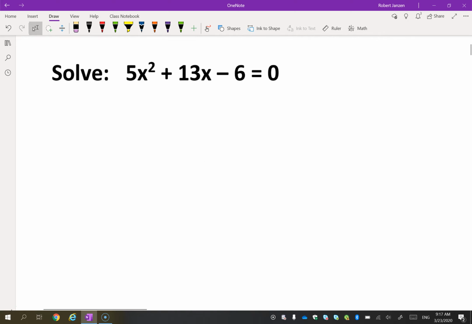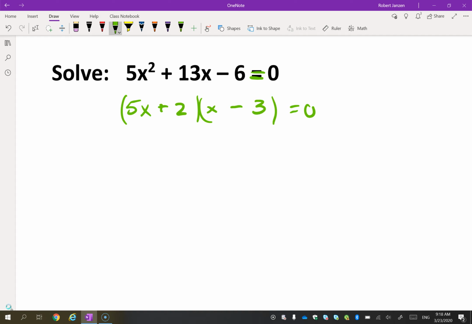If you see an equation like this, so here this is an equation, we are looking for what values of x will make this equation equal to 0. That's what this is saying. And how did we solve that? Well, we usually factored. Factoring's the most common method. If we want to multiply to -6 and add to 13, I think that will work.